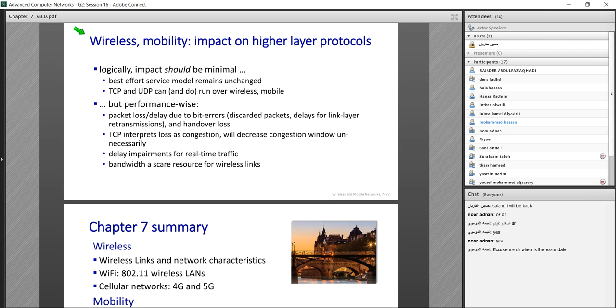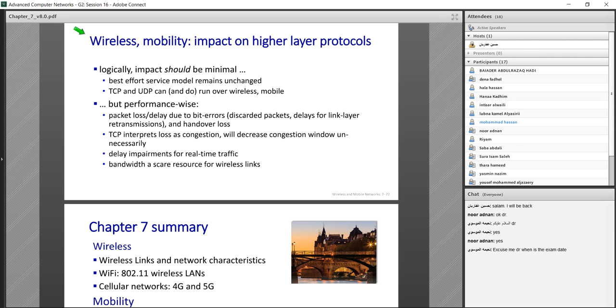Okay, but what is important is that when I'm moving from one network to another network, it directly affects the upper layer protocols.